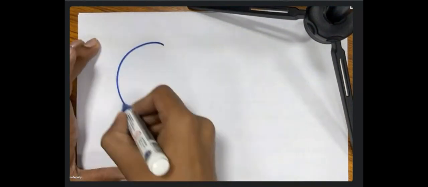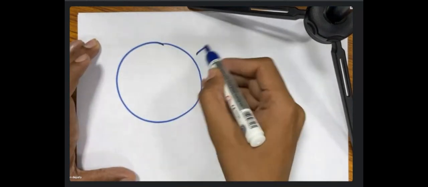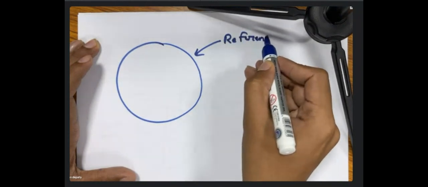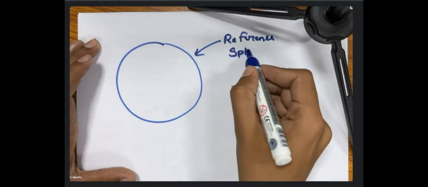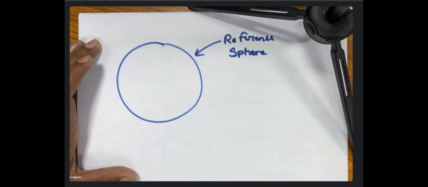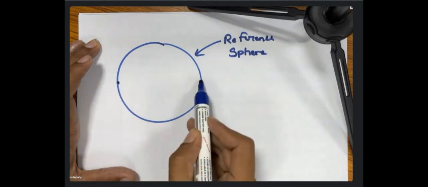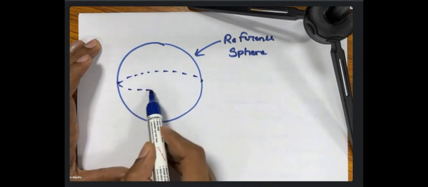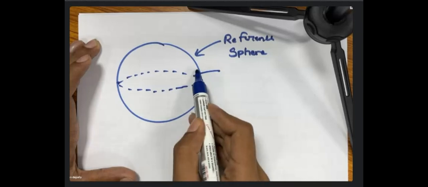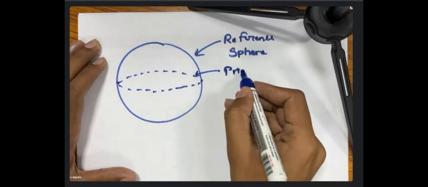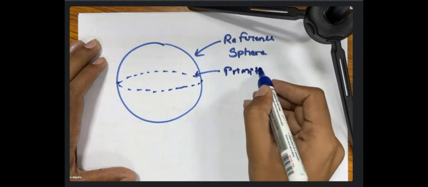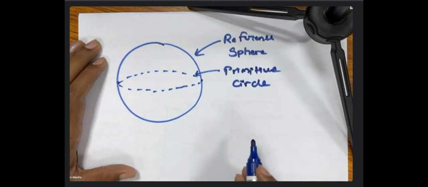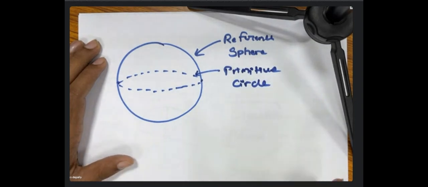So let us say this is our reference sphere. And the way we have constructed things, let's say this will be the projection, it will be the primitive circle, which is the intersection of the projection plane with the reference sphere.